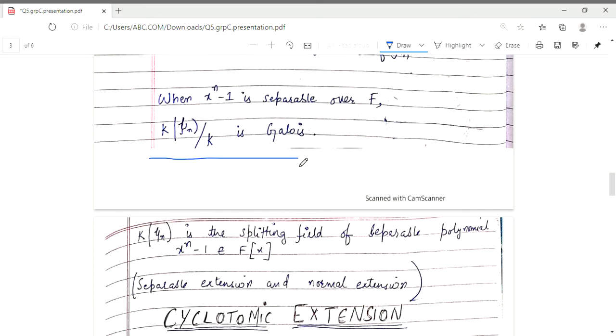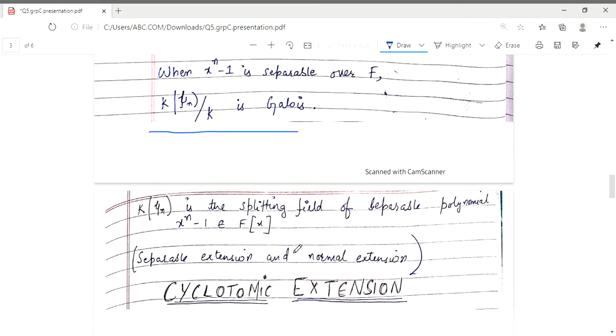Why do we say so? See, characteristic F does not divide n, so it makes sense, because the polynomial is a separable polynomial. So the splitting field will be a normal extension. And so we can say that the field generated by all roots of x power n minus 1 over F is Galois.